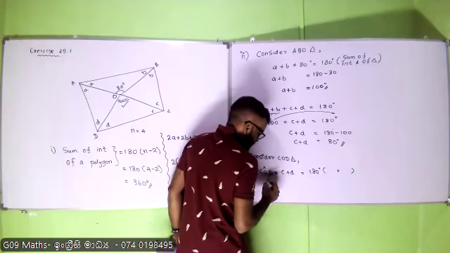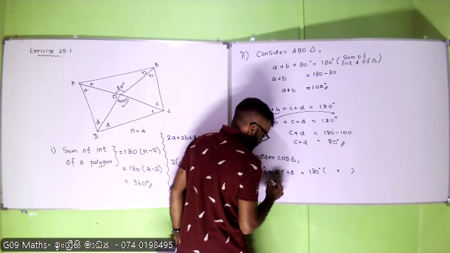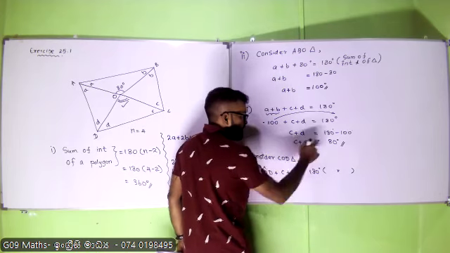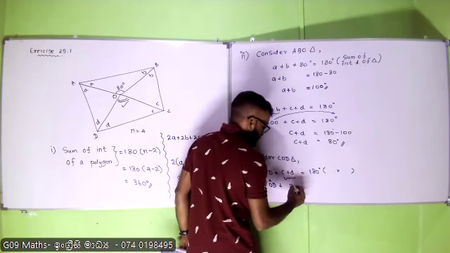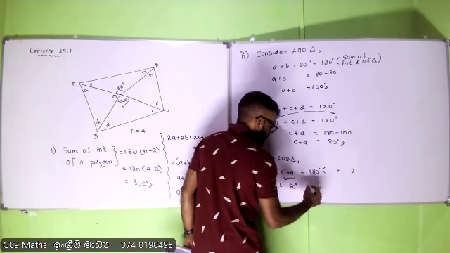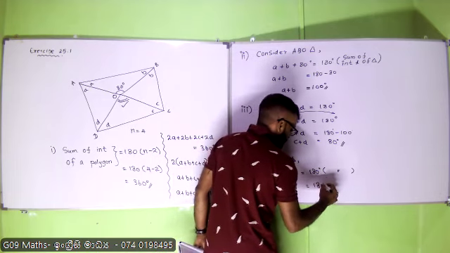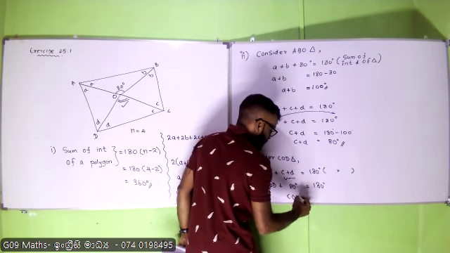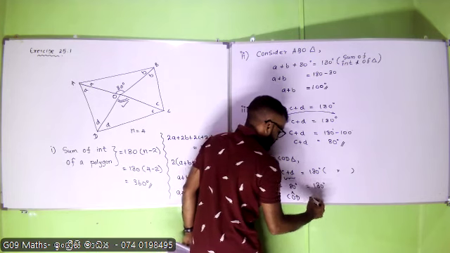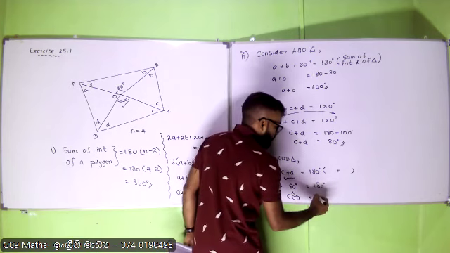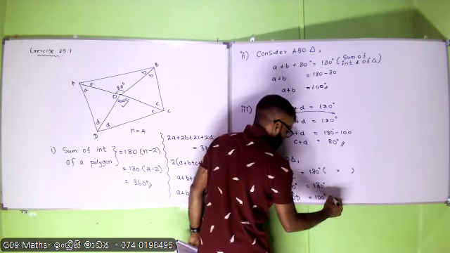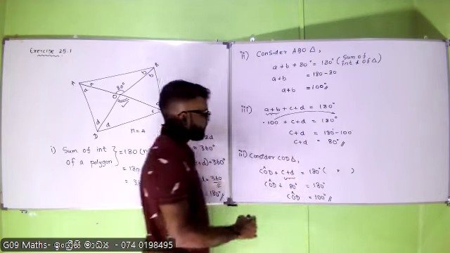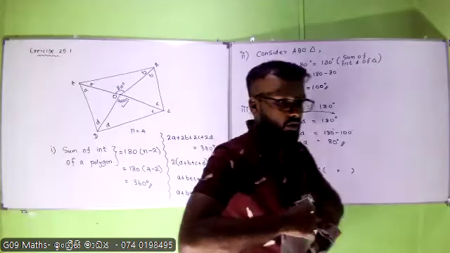Angle COD plus c plus d, which you know is 80 degrees, equals 180 degrees. So take this to the other side, and subtracting gives you 100 degrees. So this is how we are going to find it.